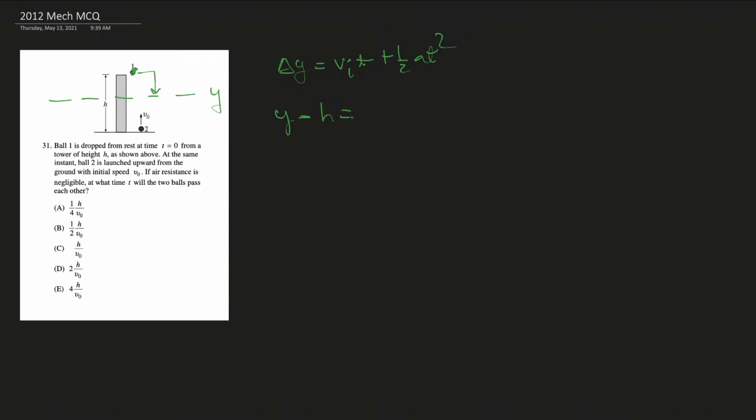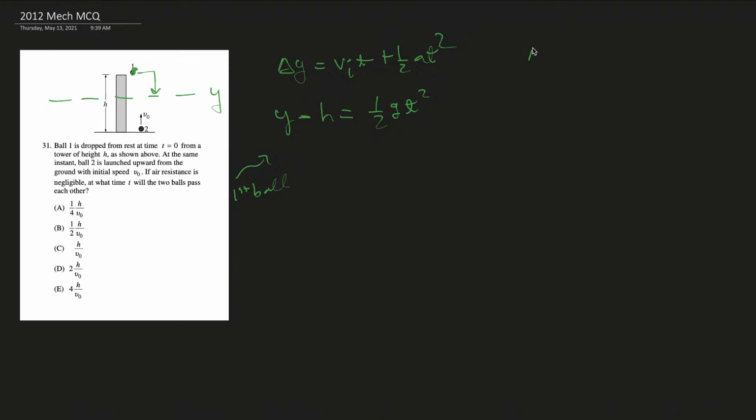So we have y minus h. Now this is the first ball, the top ball. This is going to be equal to v_i t. Now we're dropping it from rest, so this term goes away. We have 1/2 a t squared, and rather than a, I'm just going to replace it with g, because that's what really accelerates this system.